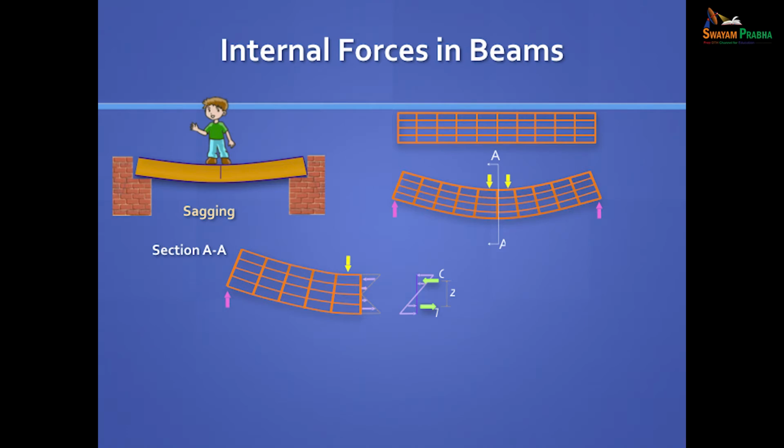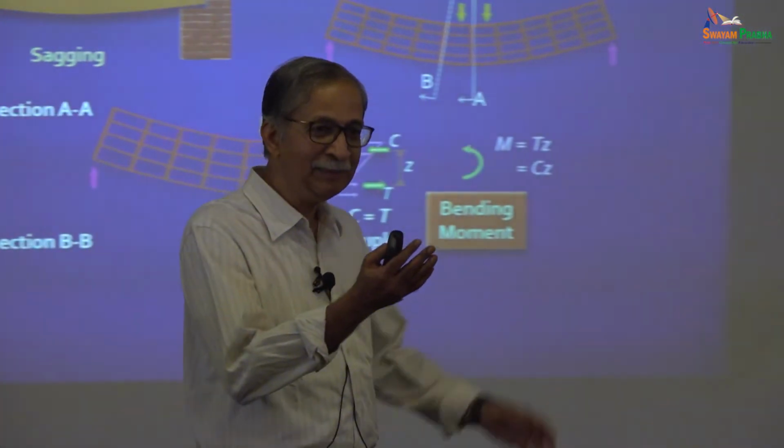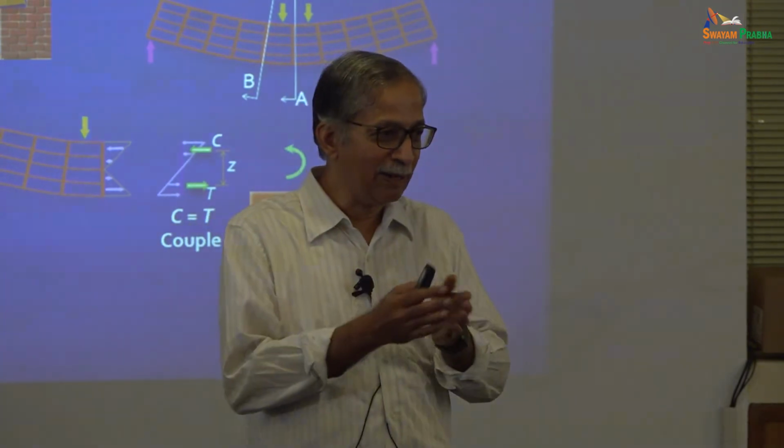There's a couple of compression and tension separated by a lever arm Z. And the equilibrium says C is equal to T, which is a couple, and the C into Z or T into Z is the bending moment at that section, right? We know this to satisfy equilibrium. That's how we define bending moment. Nobody can see a bending moment, but what you can see is fibers getting into compression, fibers getting into tension.